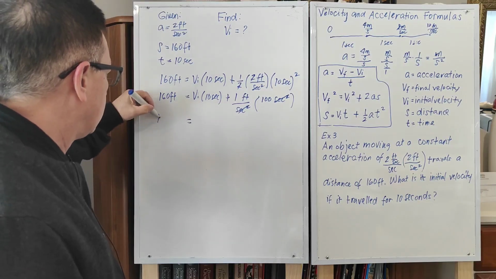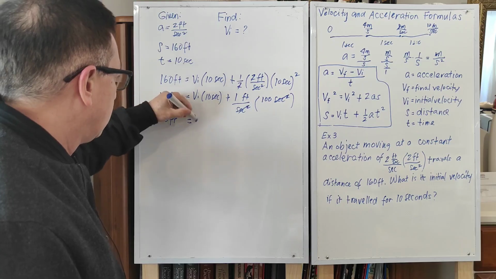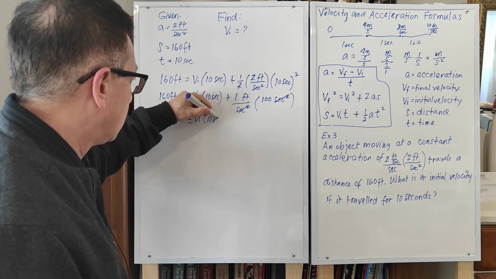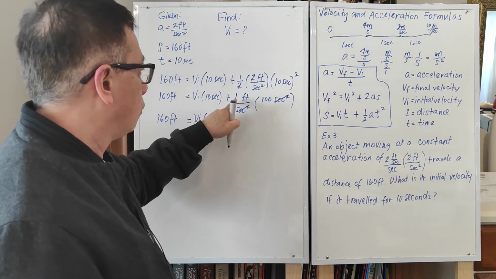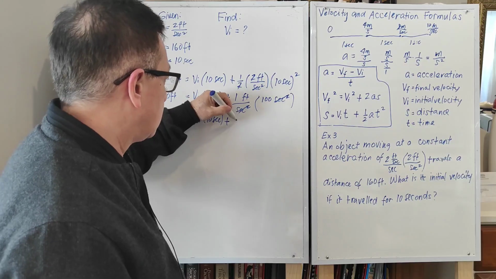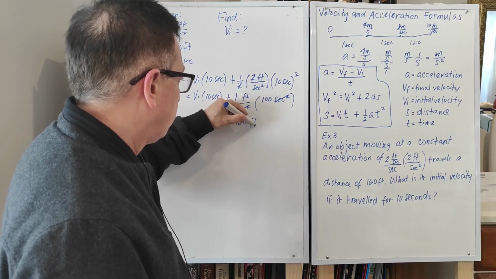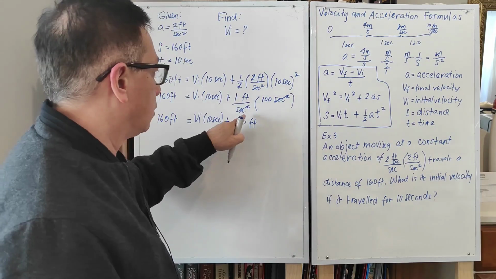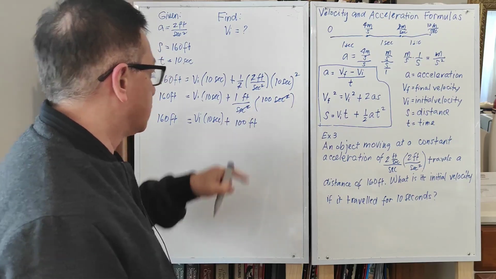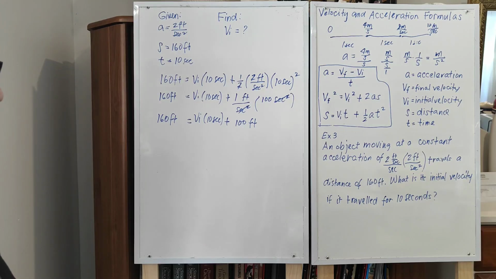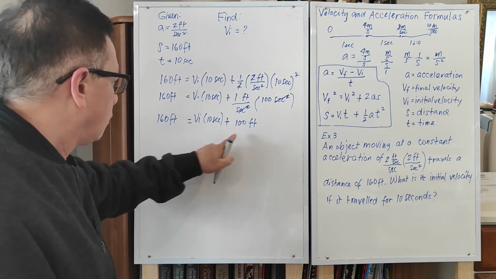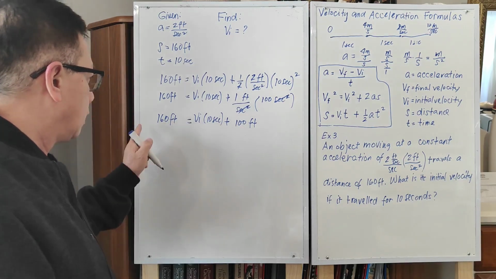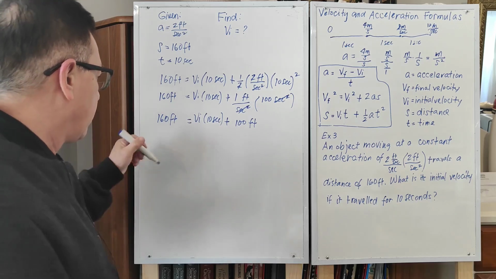So what do you have? 160 feet, VI times 10 seconds, plus 1 times 100 is 100 feet. So second squared is cancelled. And then we can move this one to the other side, so we leave this one.